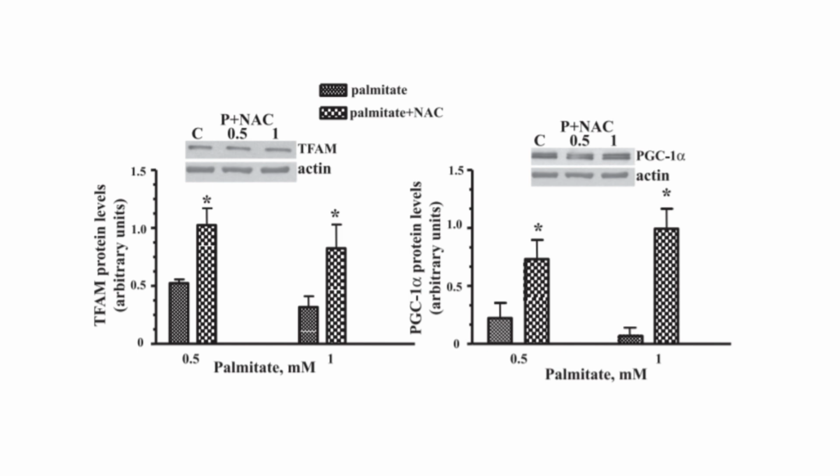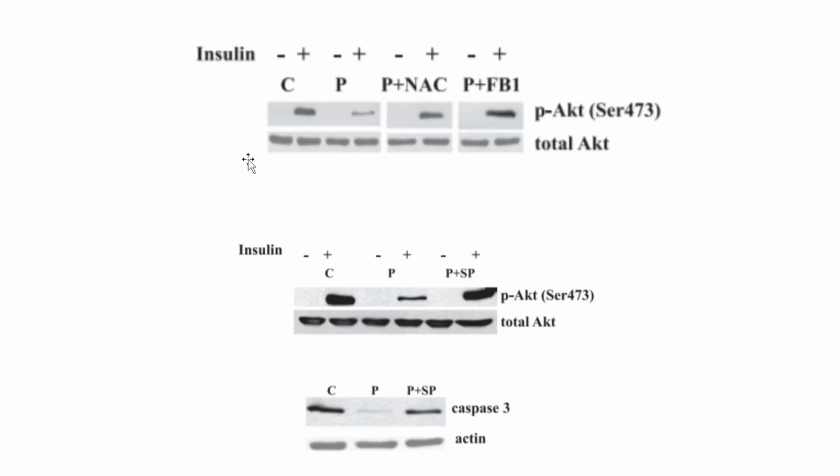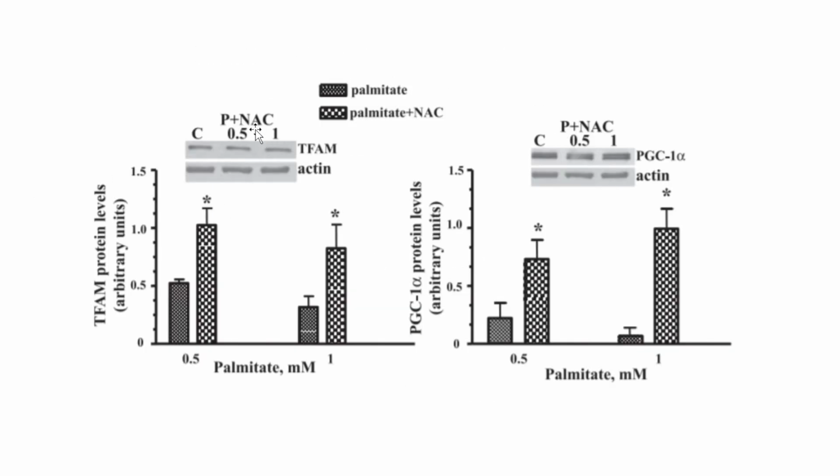And the final piece of data is to look at this oxidative stress inhibitor, or antioxidant, NAC, which is the one that we looked at here, and looking at the TFAM levels as well as the PGC1 alpha levels.